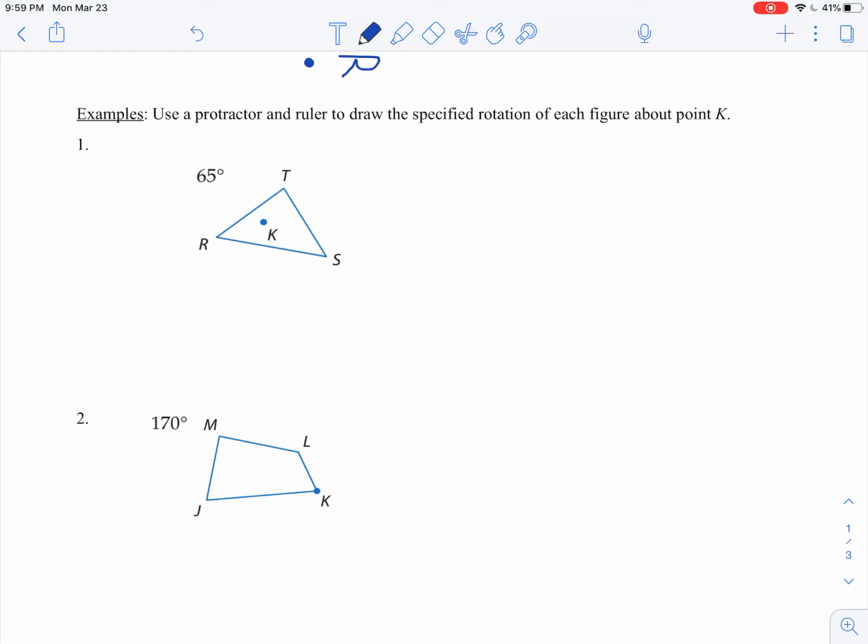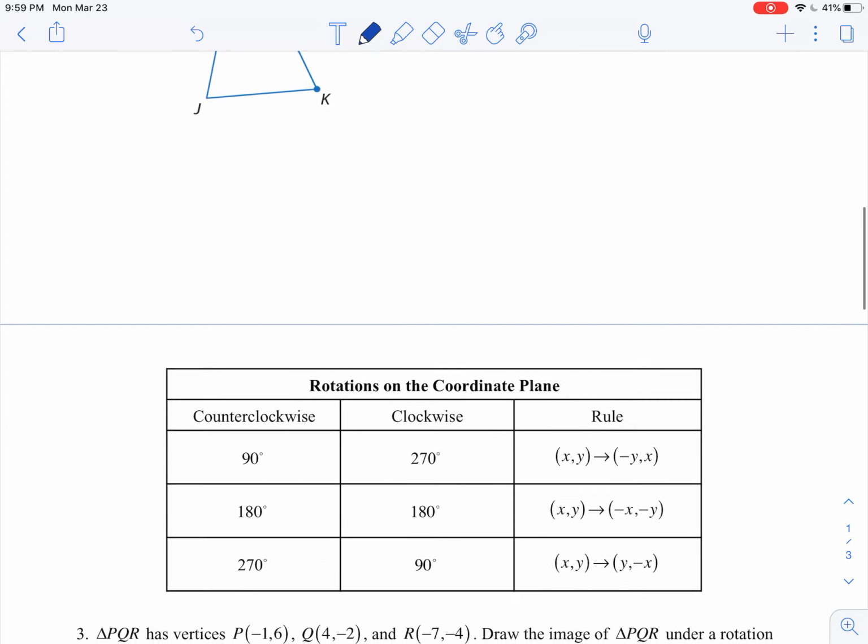If you're interested, you're more than welcome to check this out, but you will not be required to know how to do rotations that are not on the coordinate plane. There are a couple of questions on your homework worksheet about this. I believe it's numbers 1 through 3. You can skip those as well because, again, it's just too hard to show you digitally, and I don't know that everybody has a protractor at their house. So let's just flip over to the back.